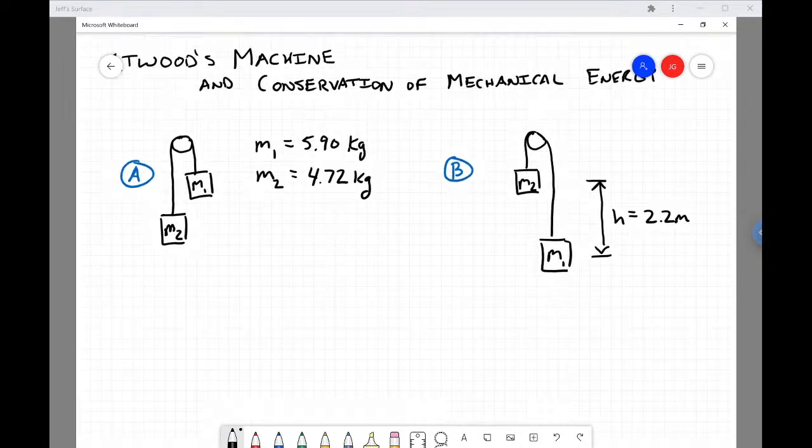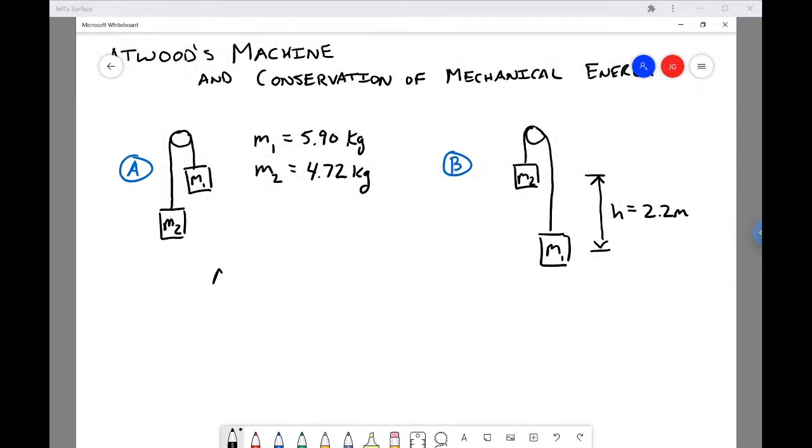Okay, so the work energy theorem says that when you go from A to B, the change in kinetic plus the change in potential, which is equal to the change in total mechanical energy, is equal to the work done by non-conservative forces. That's forces like friction and stuff like that.